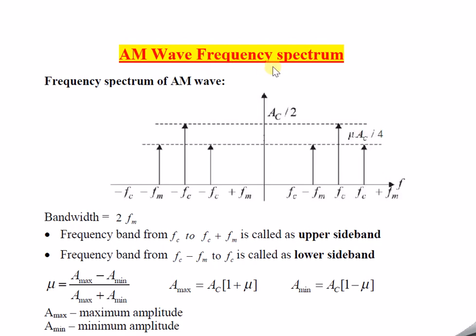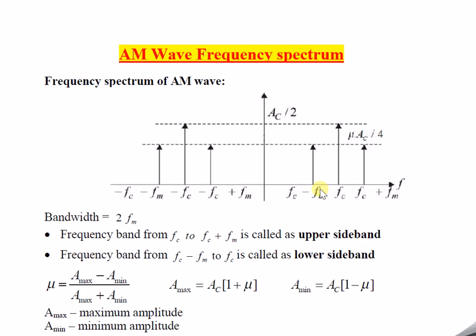So in case of AM wave, we will now define what is AM wave frequency spectrum. So AM wave frequency spectrum is a frequency spectrum in which the various frequencies that an AM wave can contain are represented. That means, I'll tell you in a different way.